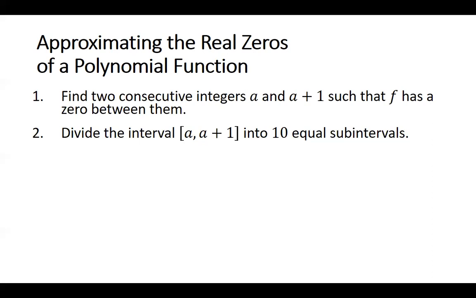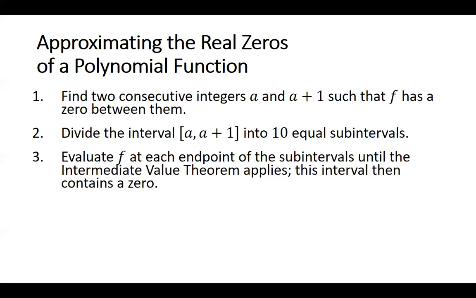So we just break it into 10 subintervals. And we evaluate f at each endpoint of those subintervals until we see the sign change. So until the intermediate value theorem applies. When we see the sign change, we know that there was a 0 there.